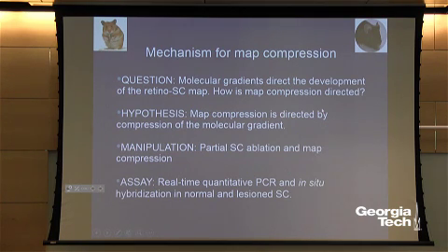And so we wanted to combine the ablation of the tectum, the partial ablation, with the map compression and assay in a descriptive study for what happens to those ephrins and their receptors, the Fs.